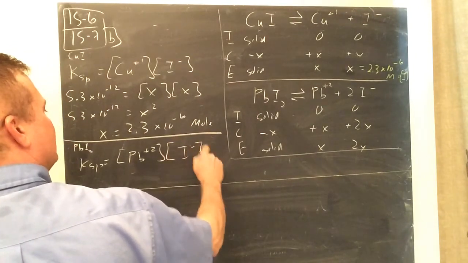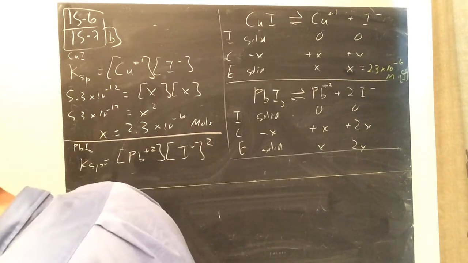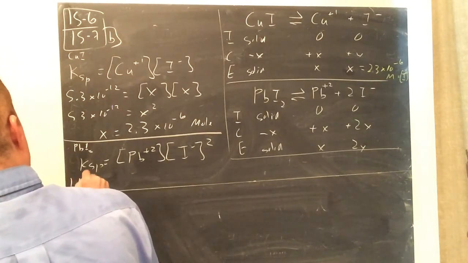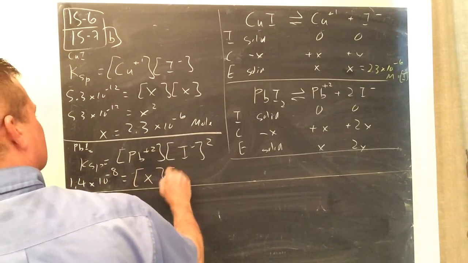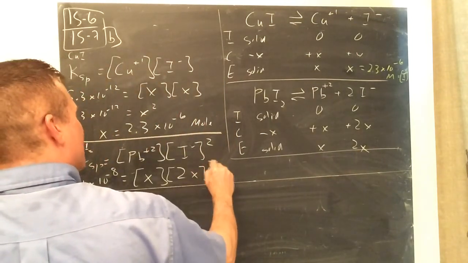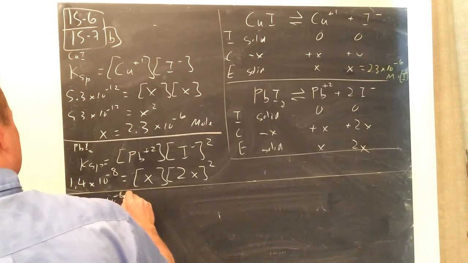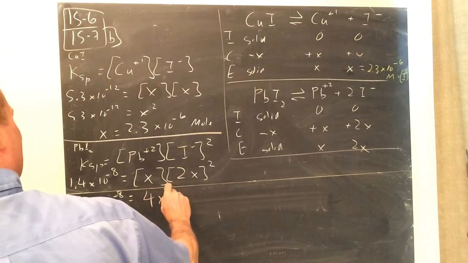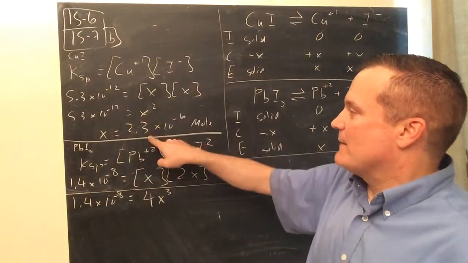So that's going to be 1.4 times 10 to the negative 8 equals X times 2X, squared. So this is a little bit more fun. 1.4 times 10 to the negative 8 equals 4X squared, 4X cubed. Now notice there's no need to assume X is negligible in these because you're able to solve for X.